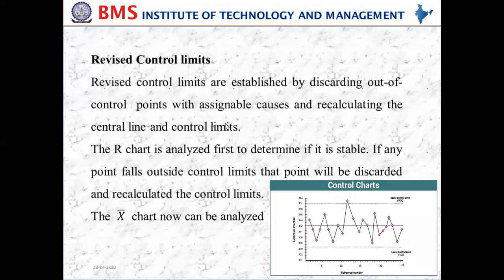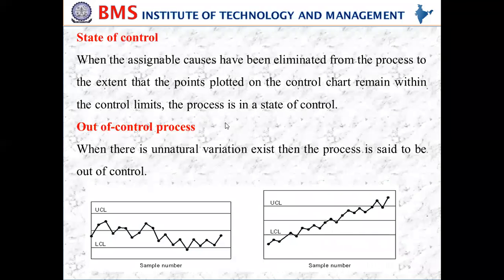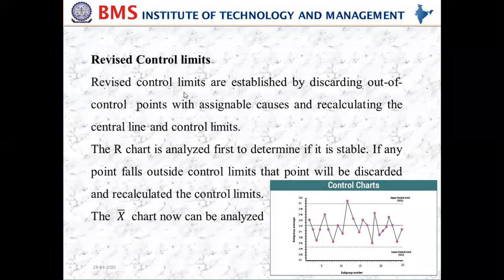So revised control limits are established by discarding the out of control points with assignable causes and recalculating the center line and control limits. The R chart is analyzed first to determine if it is stable. If any point falls outside the control limits, that point will be discarded and the control limits recalculated.